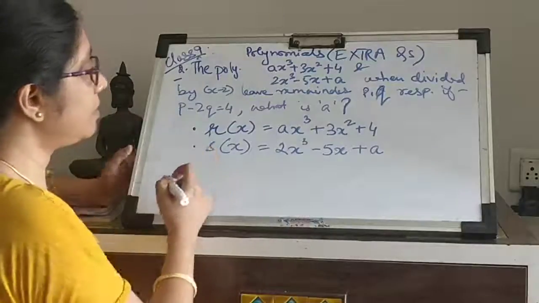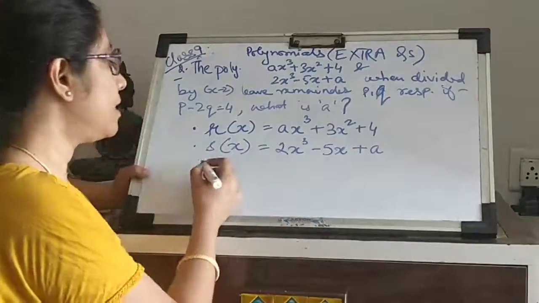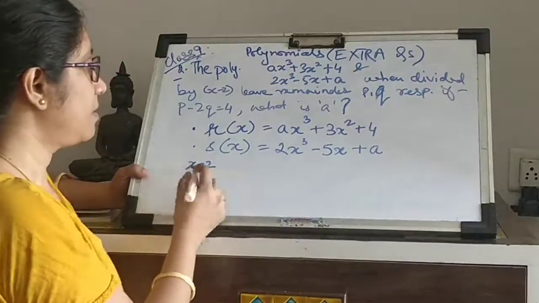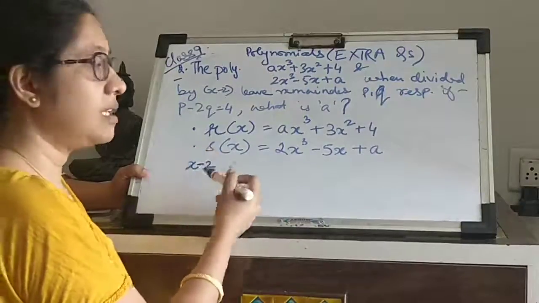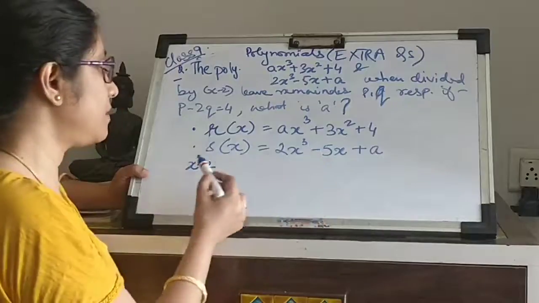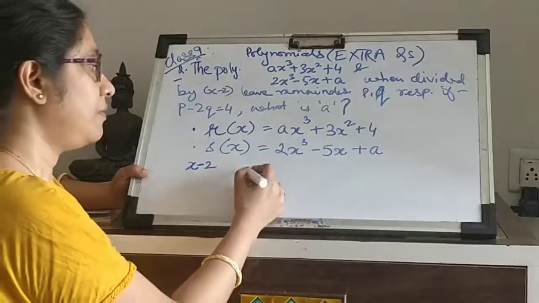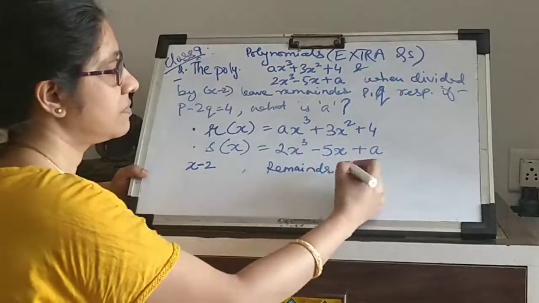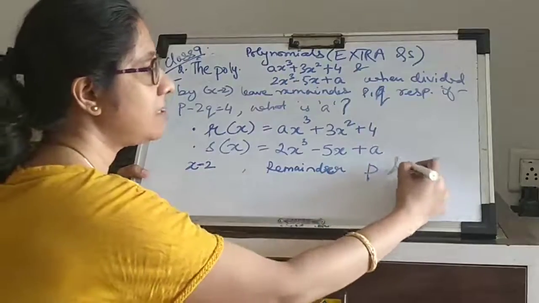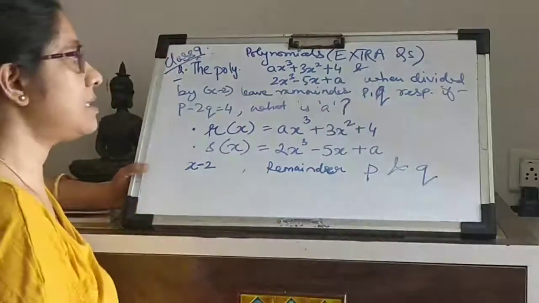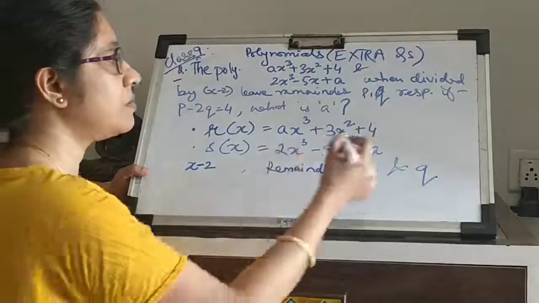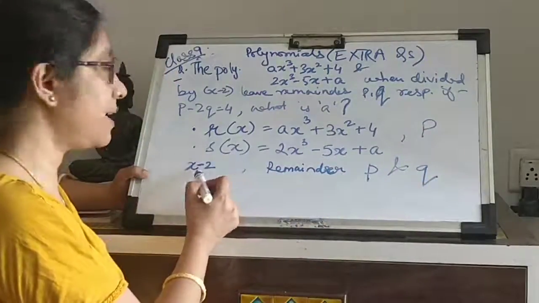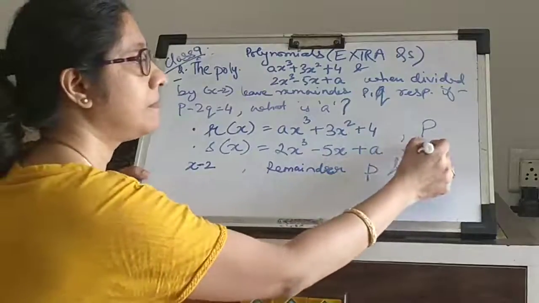We are also given a third linear polynomial, x minus 2, such that if these both polynomials are divided by x minus 2, we are left with remainders p and q respectively. That means if r(x) is divided by x minus 2, we get a remainder p. If the polynomial s(x) is divided by x minus 2, we get a remainder of q.